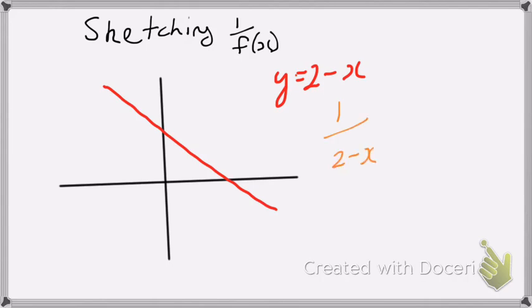So the first thing I want to do is draw an asymptote anywhere where the curve passes through 0, because I can't take the reciprocal of 0. Now if I think about other key points, the reciprocal of 1 is 1. So right here, where the line is 1, the curve will be a 1.